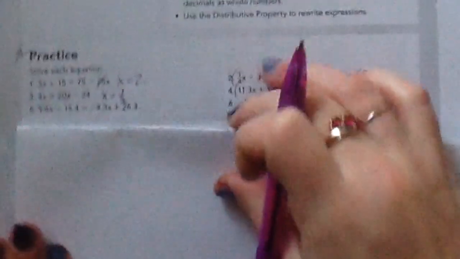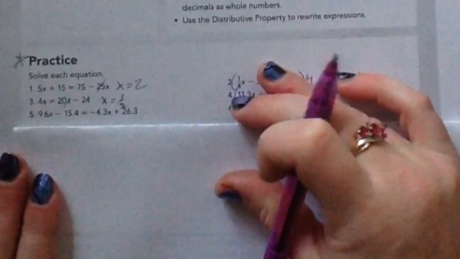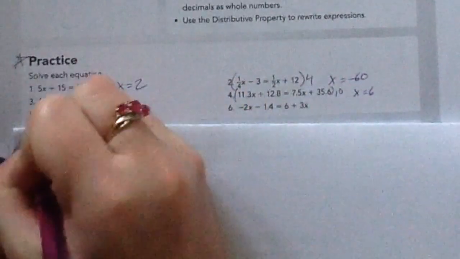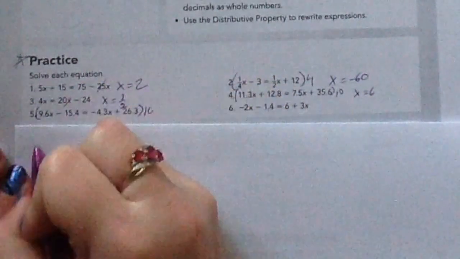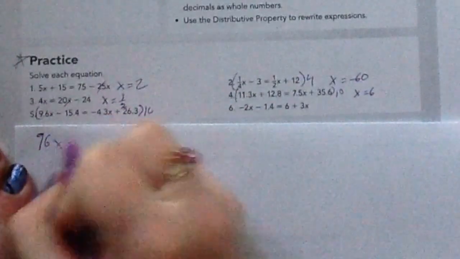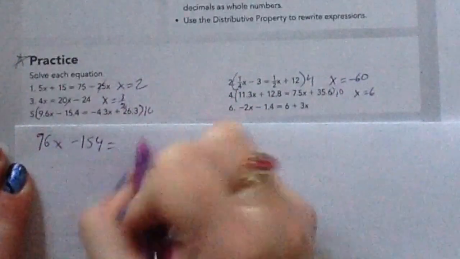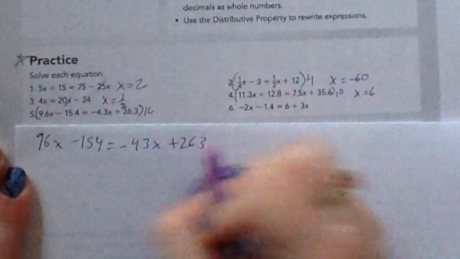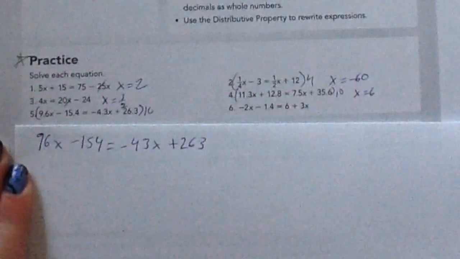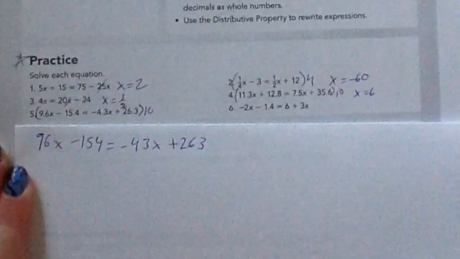Now for number 5, again, we notice that it's decimal, so we'll multiply everything by 10. That will turn this into 96x minus 154 equals a negative 43x plus 263. Everything just shifts one decimal. Then we're going to move the x to one side.